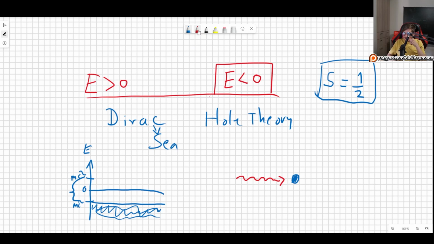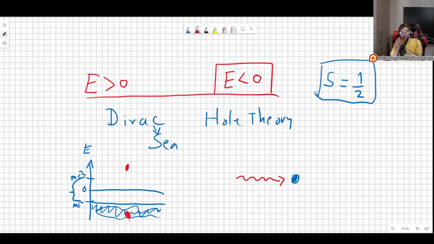And what you will then have is an electron and a hole. That's why it's called the hole theory. You have an electron up here and a hole down there. So suddenly you have an electron out of nowhere. The photon disappeared, it was absorbed perhaps. And also you have a hole that is the absence of an electron, right?